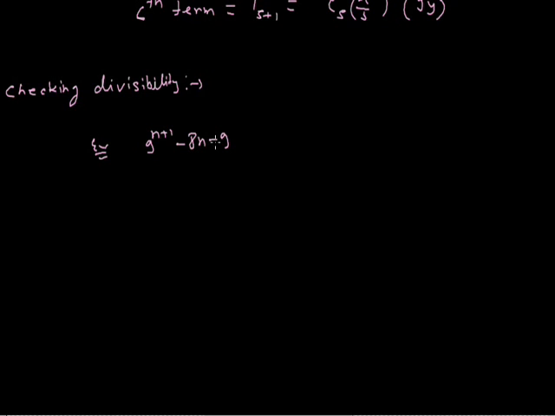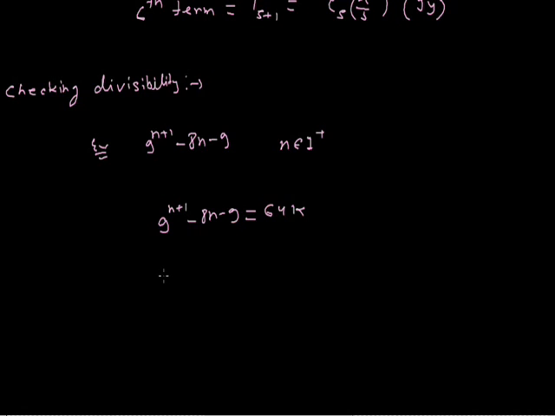Show that 9 to the power n plus 1 minus 8n minus 9 is divisible by 64, whenever n is a positive integer. Here n is a positive integer, and we have to show that 9 to the power n plus 1 minus 8n minus 9 is divisible by 64. So here 9 to the power n plus 1 minus 8n minus 9, we can write it as 64k.